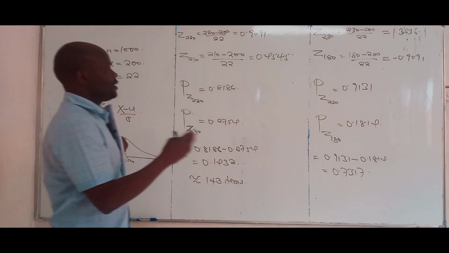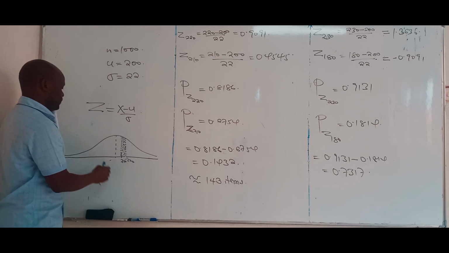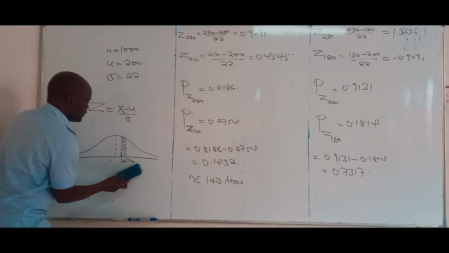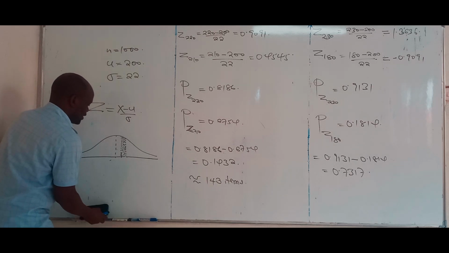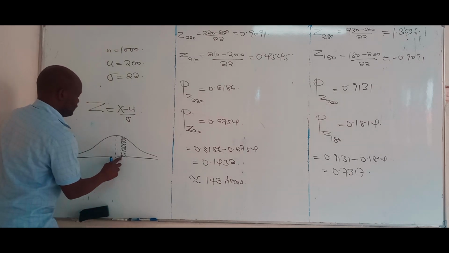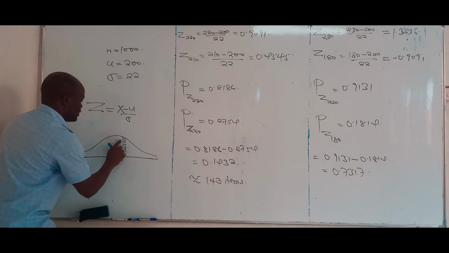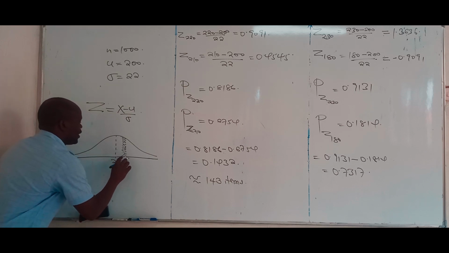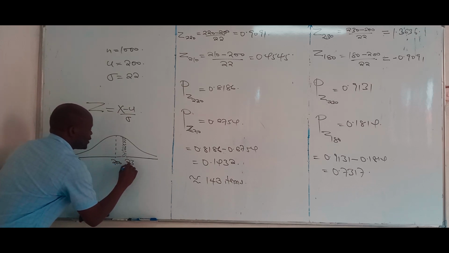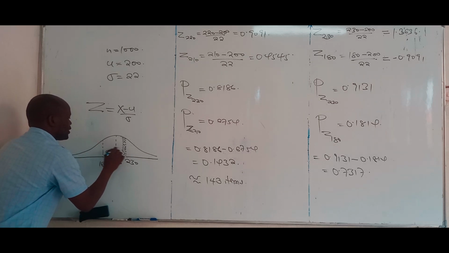That is the probability between them. So if the mean is here, 200, and this end is 230, and then I come and get 180 here, I'm referring to the entire shaded part.